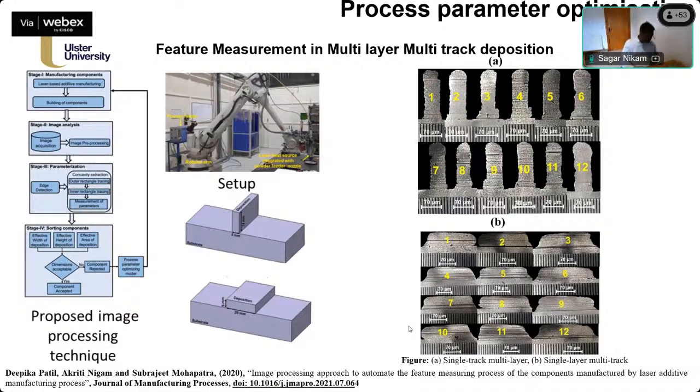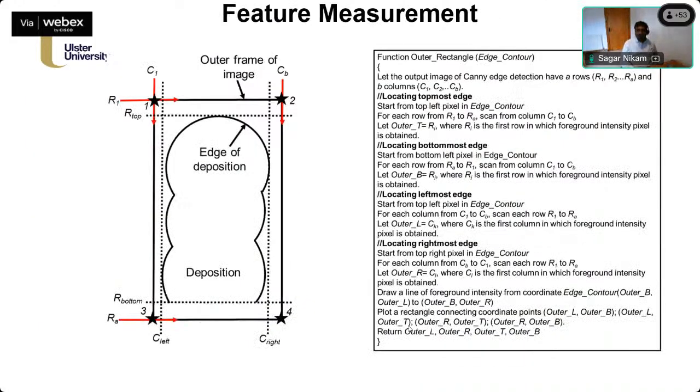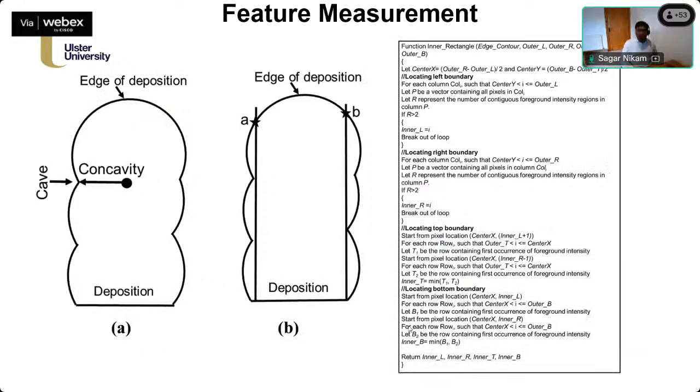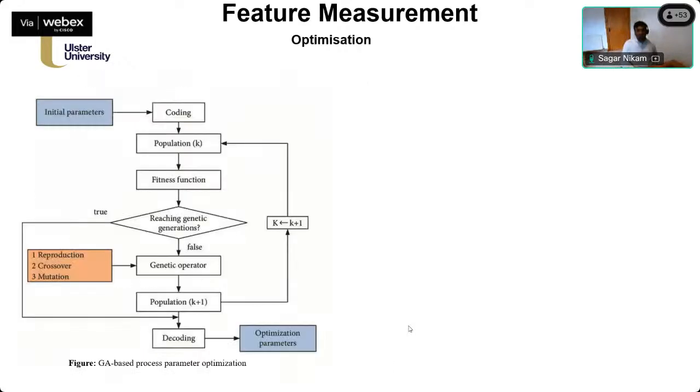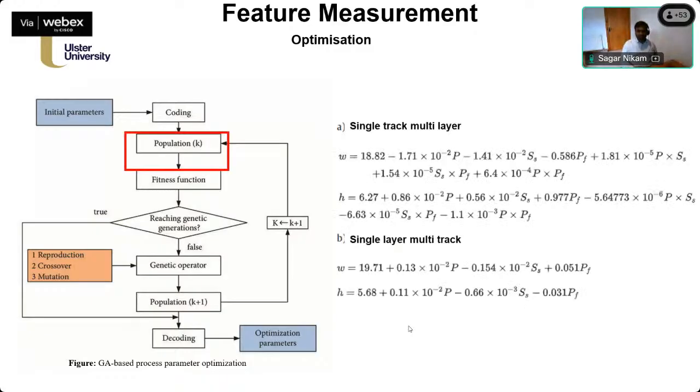Now let's quickly go through the different optimization techniques. For possible parameter optimization, we can make use of the most widely used, though I wouldn't say new, it's a very old one, the genetic algorithm based optimization process.